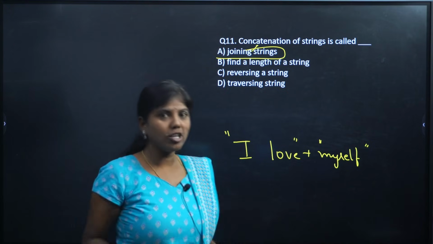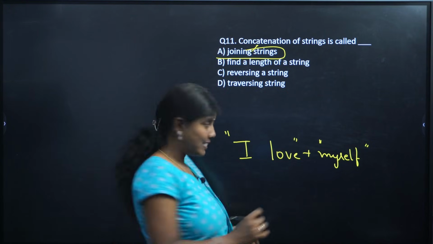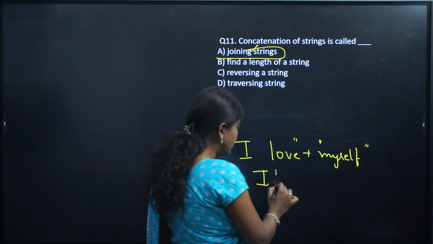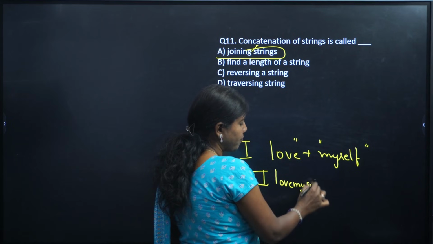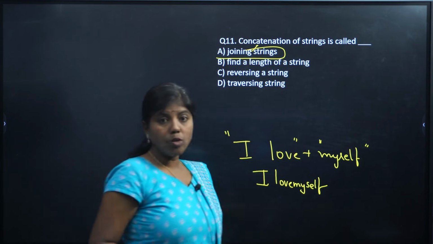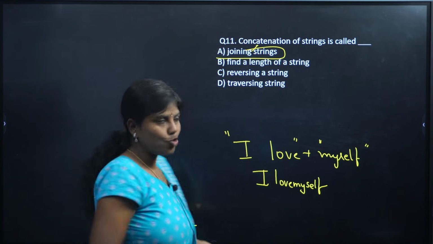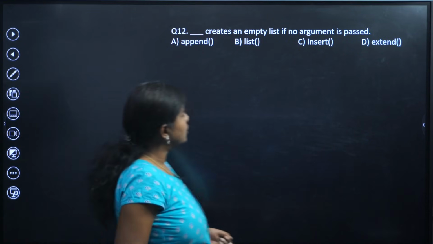But remember that you will not have any space, because I have not given any space here. So I get "I love myself". Concatenation means joining of two strings. Okay, we'll go for the next question.